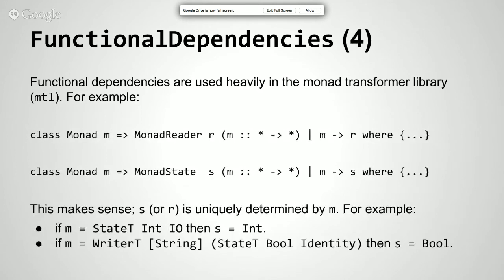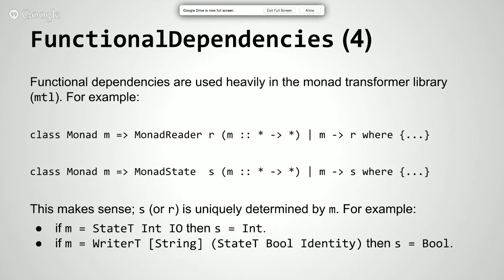Okay, so it's essentially saying that this type class, which is a relationship between types, is actually a function, like M uniquely determines S. So when we say MonadState S M, that means that M is a state monad of S, and S is uniquely determined by M. So a monad can't be a state monad of two different states. With StateT Int IO, well, it's a state monad of Int.